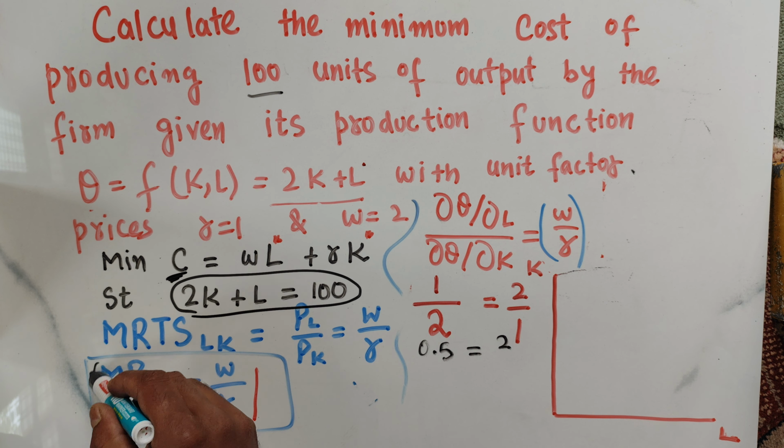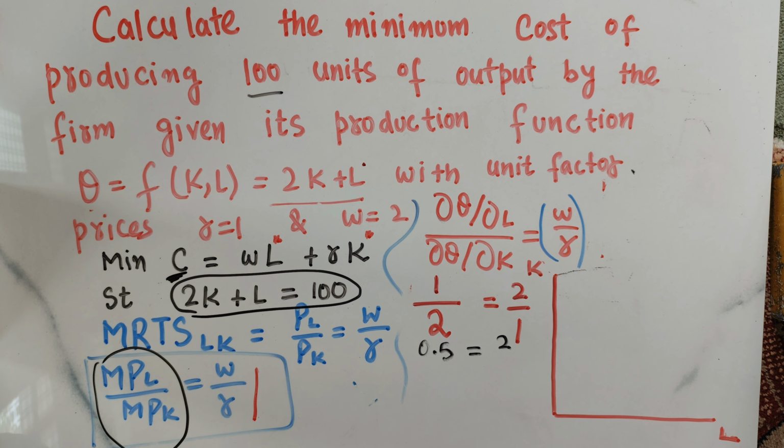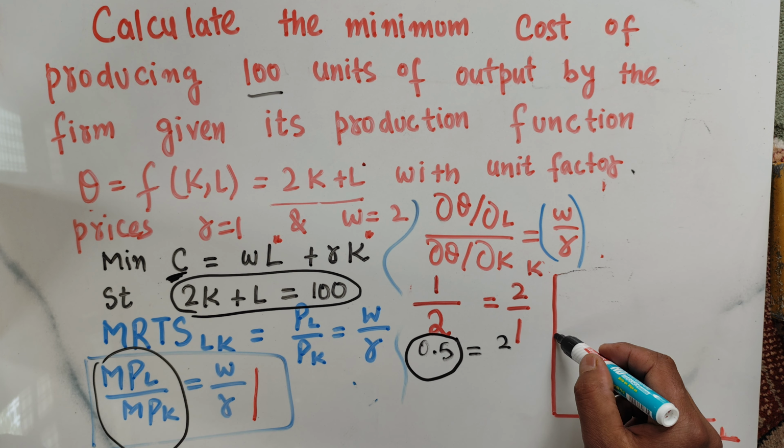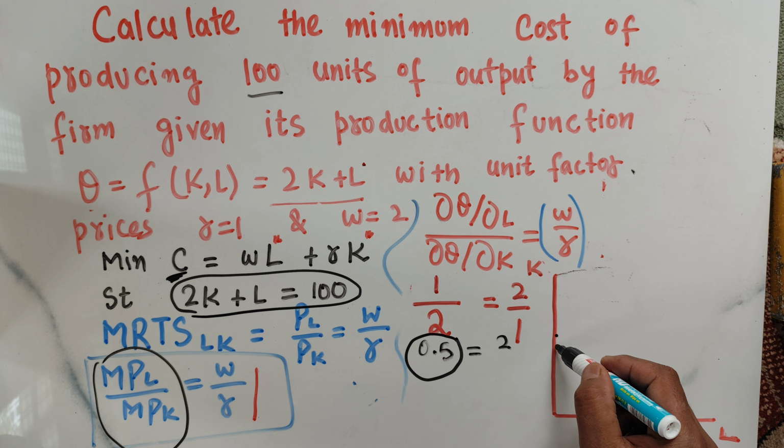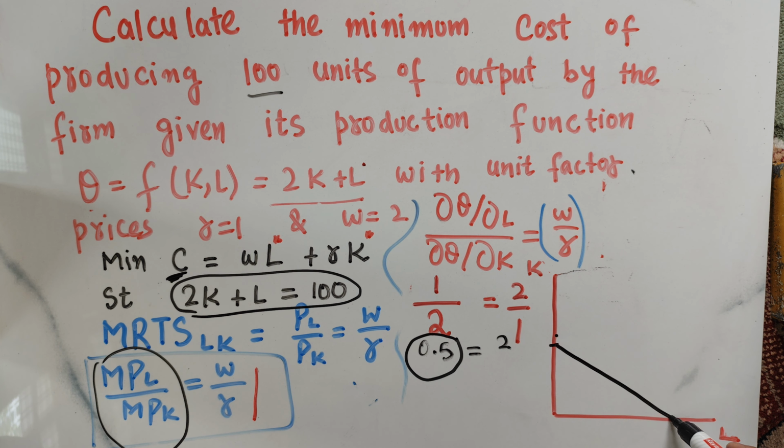The slope of the isoquant is the ratio of the marginal product of labor and capital, and we calculated it as 0.5. So let me draw 0.5. 0.5 is 1 upon 2, so it will be like this. This is what we call the slope of the isoquant.